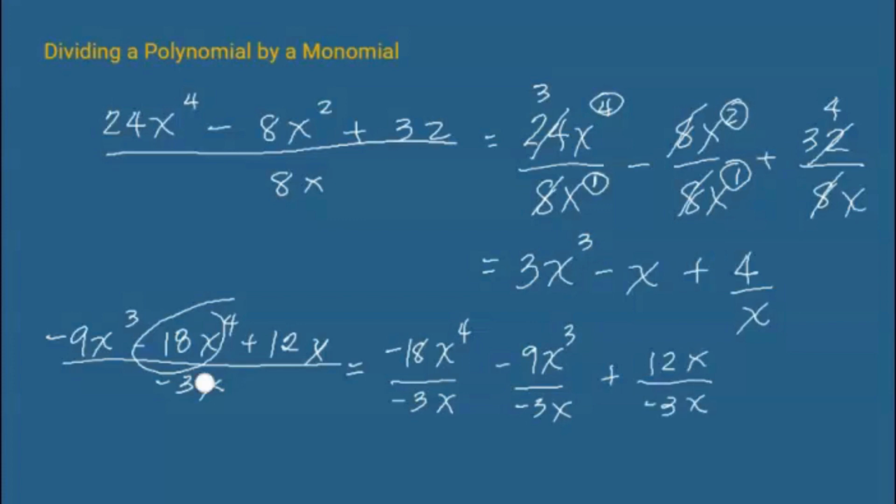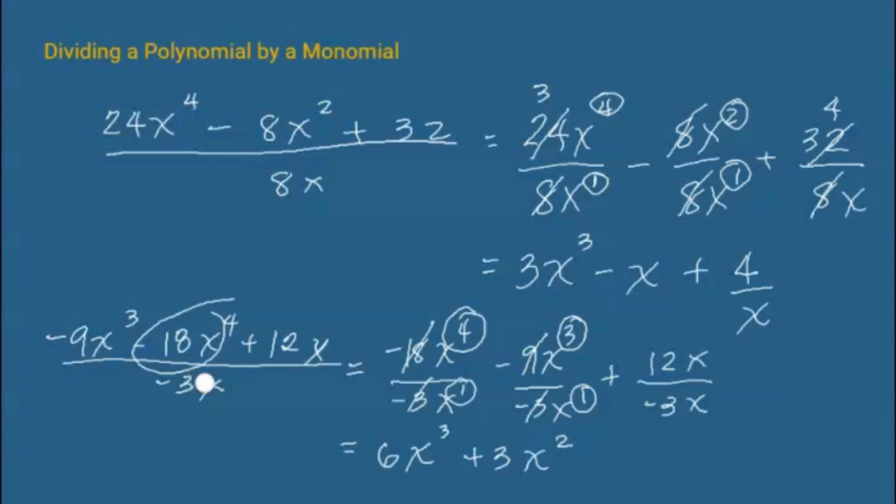Then we apply the law of exponents, or quotient law. Negative 18 over negative 3 is positive 6. For variable x, we have 4 minus 1, so we have x cubed. So 6x cubed. For the next term, negative 9 divided by negative 3 is positive 3, and for variable x, we have 3 minus 1, so that's x raised to the second power.